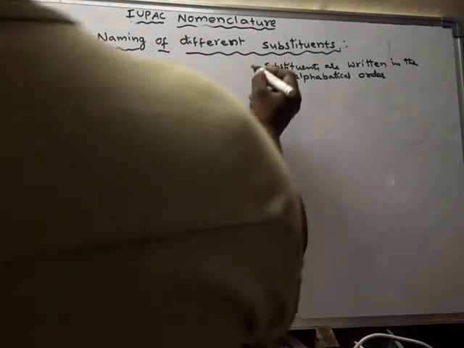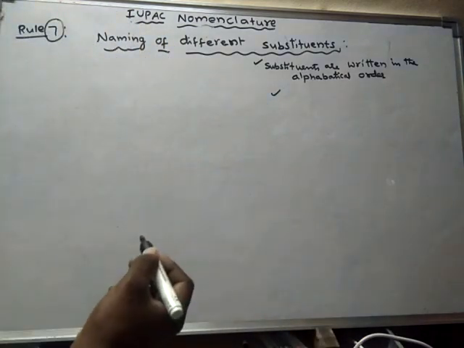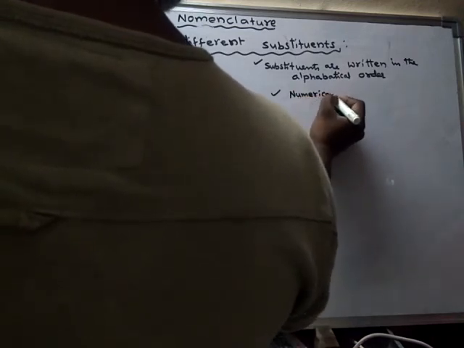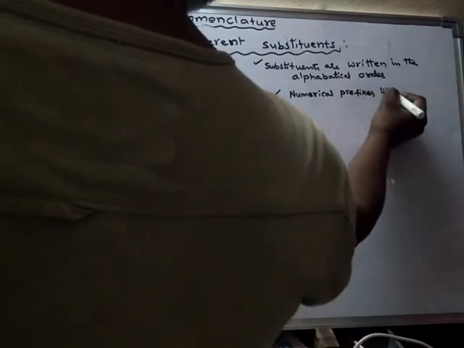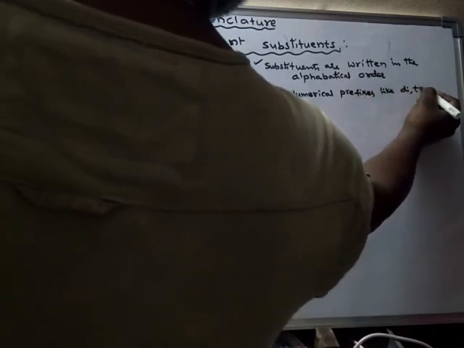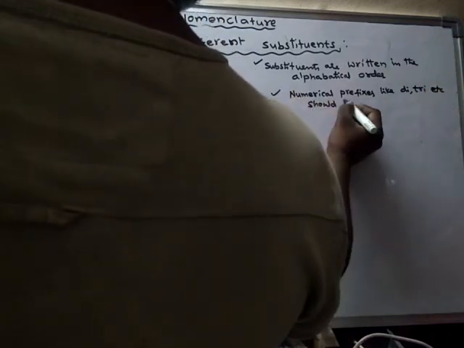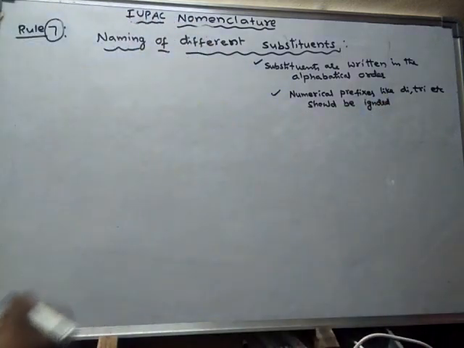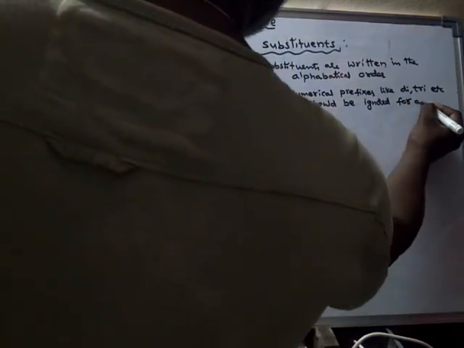While writing the substituents in alphabetical order, one thing we have to remember is that the numerical prefixes like di, tri, etc. should be ignored for alphabetical order.